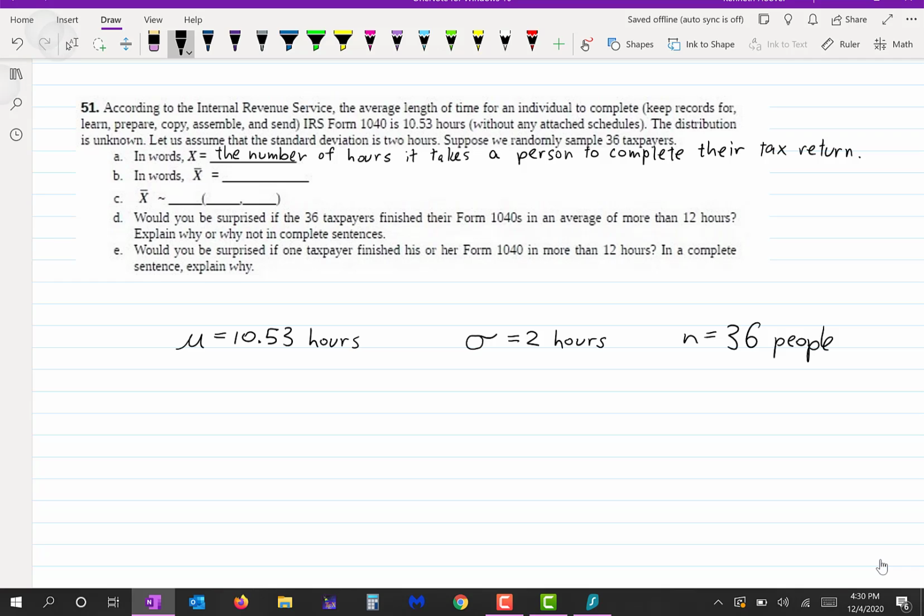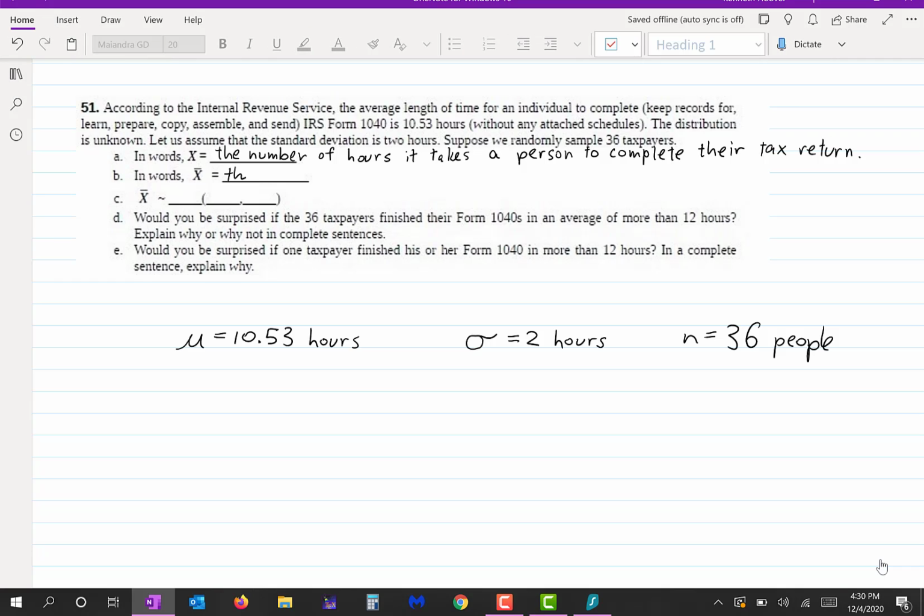X bar is the average number of hours it takes, not a person, but 36 people to complete their tax return.